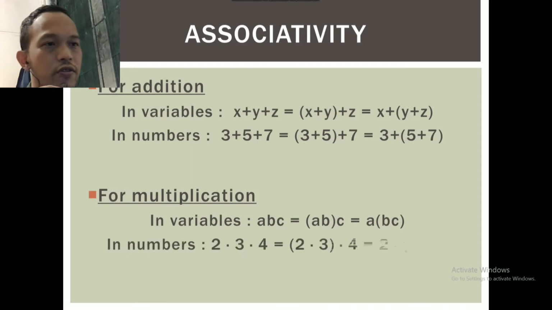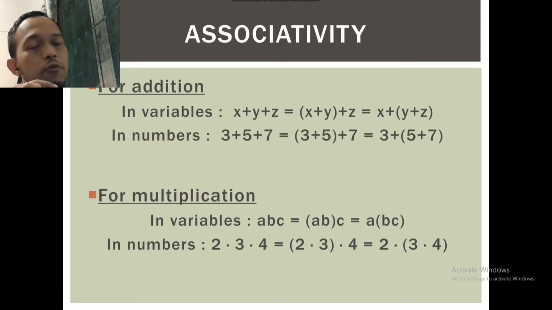In numbers, if I multiply 2 times 3 times 4, which is 24, I can multiply 2 times 3 first, which is 6, and then multiply by 4, 24. Or I can multiply 3 times 4 first, which is 12, and then multiply by 2, still 24. So in multiplication also it's safe for you to do associativity. We have already covered four field axioms.